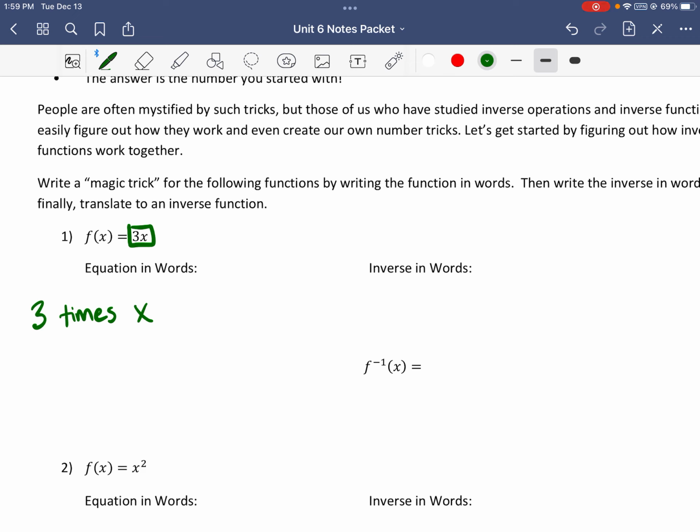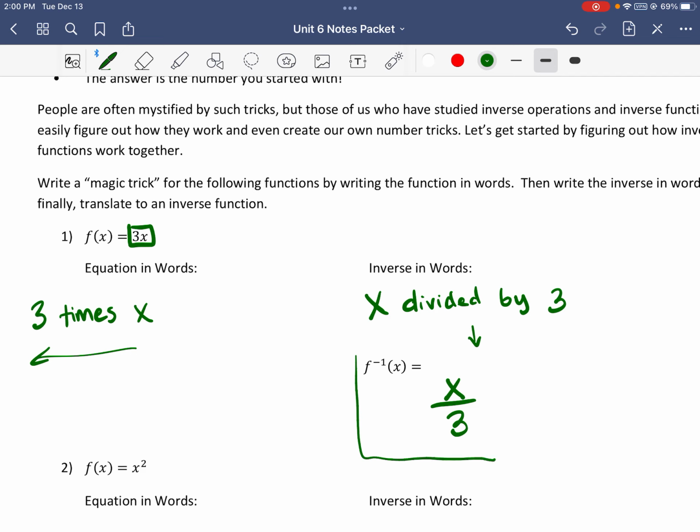So now to write that inverse, we're going to go backwards and say x divided by 3, okay? We went this way and we used opposite operations. The opposite of multiplication is division. The opposite of subtraction is addition. I think you understand those. Okay, so now let's write this as an equation. X divided by 3 is our inverse equation.